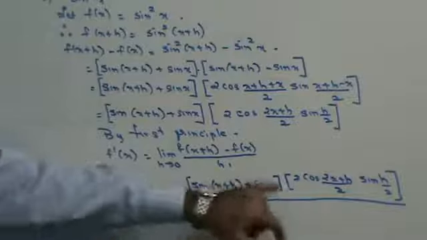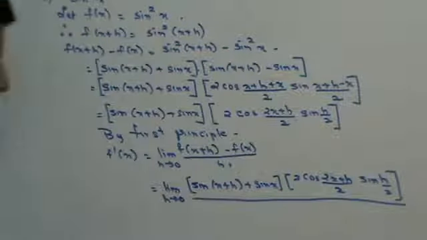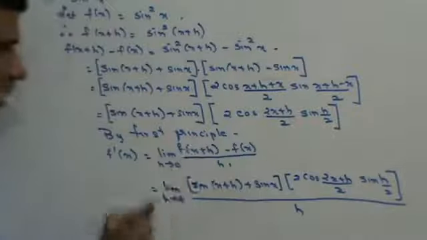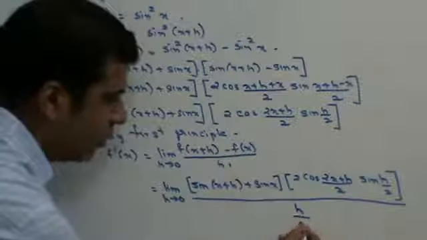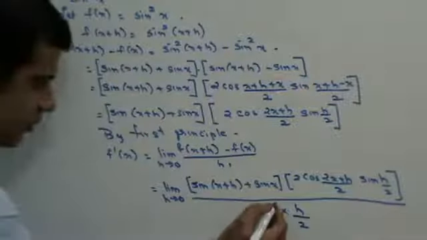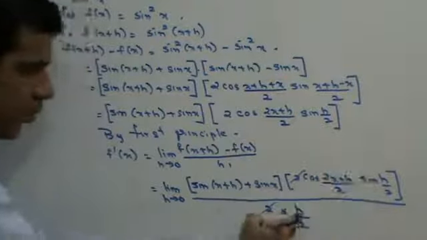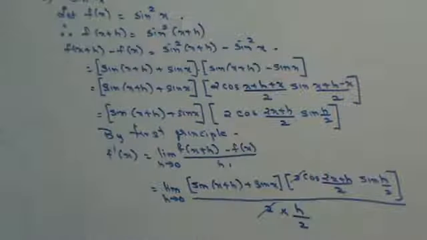Now, we have this multiplication sign here, so I can write the h with only one term. I already have this h, divide by 2, multiply by 2. This 2 and this 2 get cancelled. Sin h by 2 upon h by 2 is 1, so I can use the formula here.